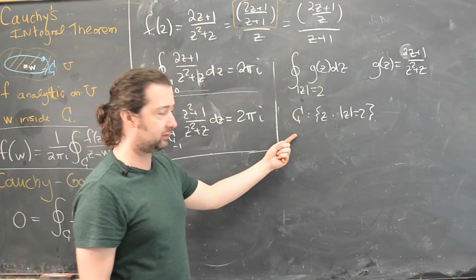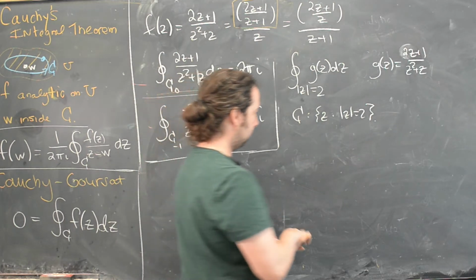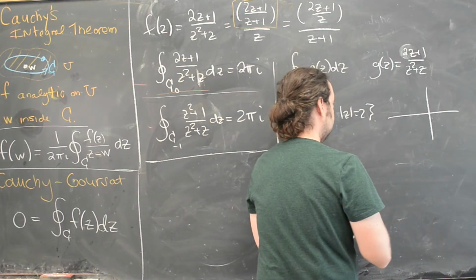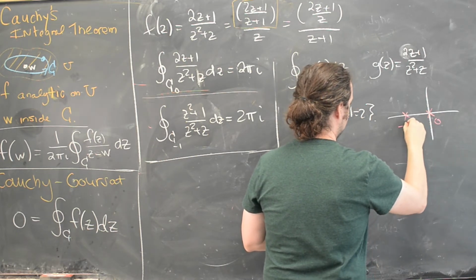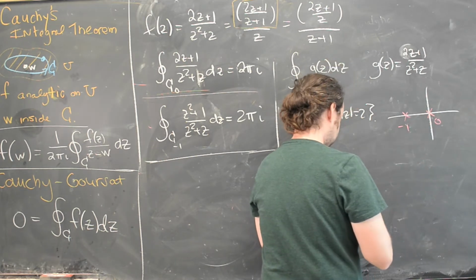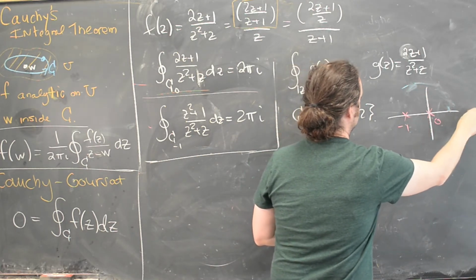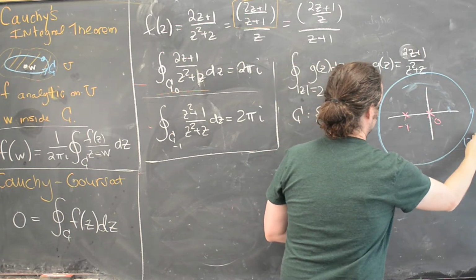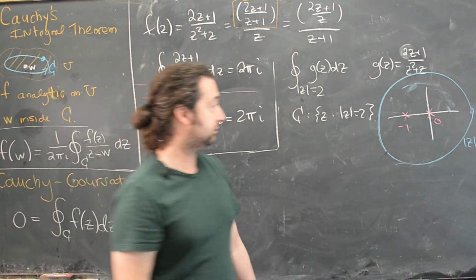This contour contains both z equals 0 and z equals minus 1, which you can see if you plot it down. If you have z equals 0 and z equals minus 1, and then you take the contour of radius 2 around those, so this is modulus of z is 2, then you have a contour that contains both of the asymptotes.